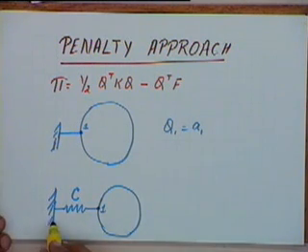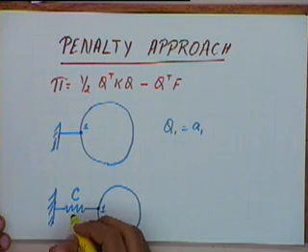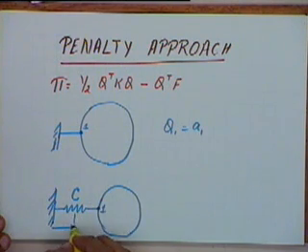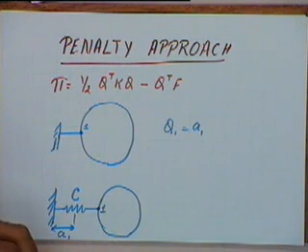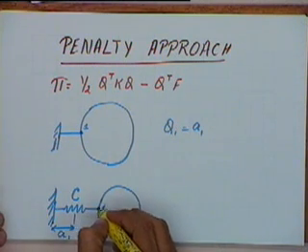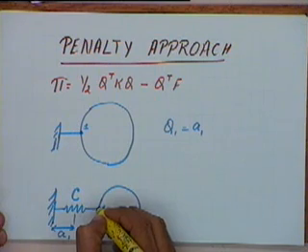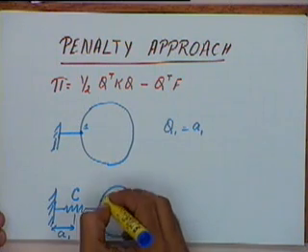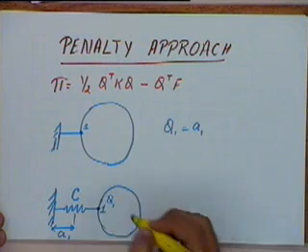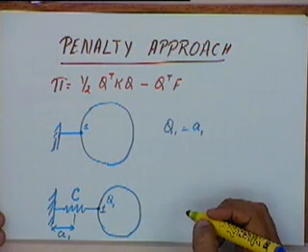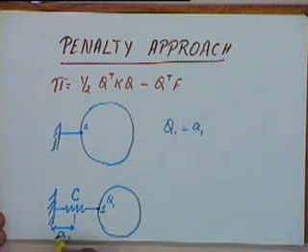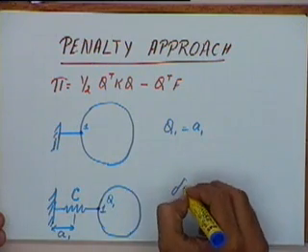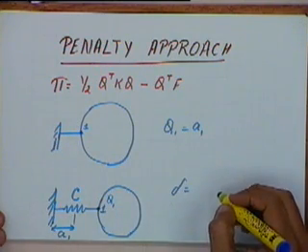Now, if I give this end a fixed displacement equal to A1, and the displacement of this node, that is node number 1, is Q1, the deformation in the spring delta will be how much?